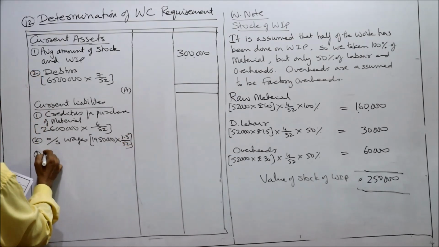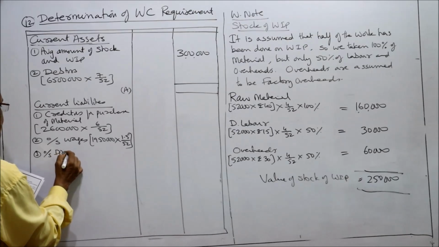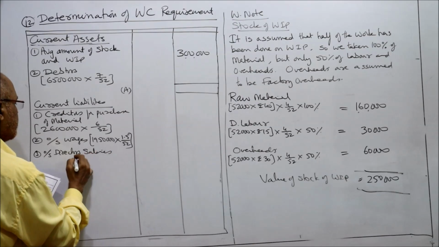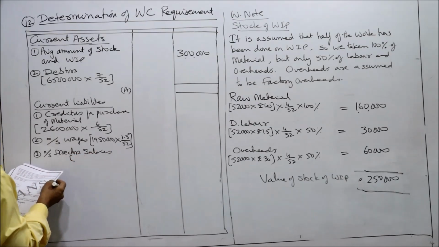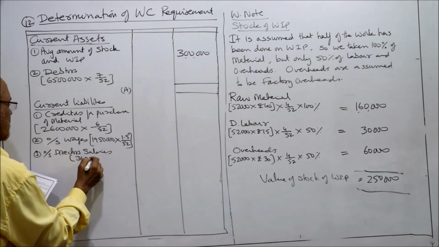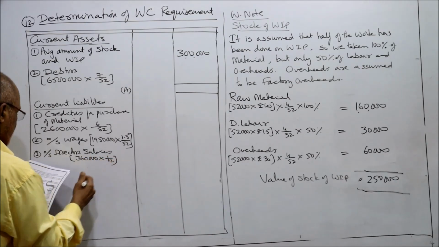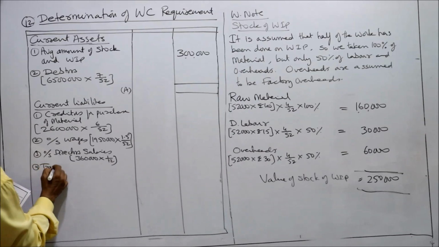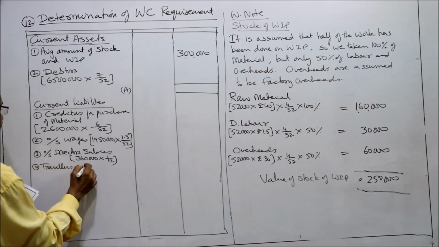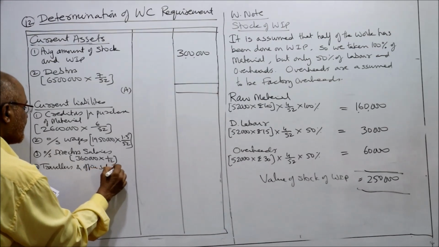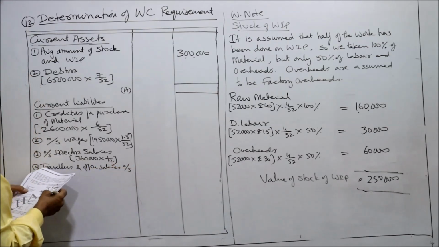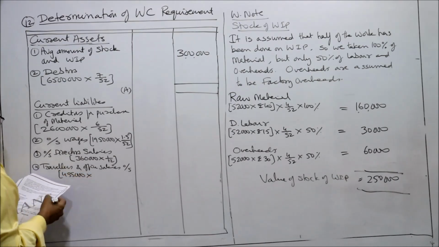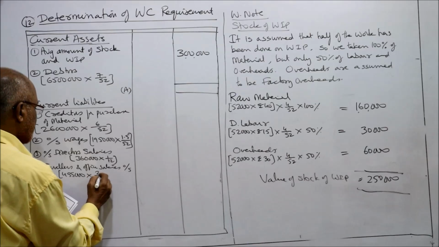Third, outstanding directors' salaries. Directors and managers' salaries 3,60,000 into 1/12, 1 month. Travelers and office salaries outstanding 4,55,000 into 2 weeks, 2/52.